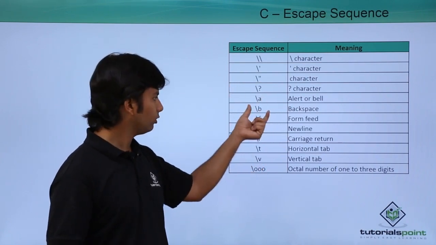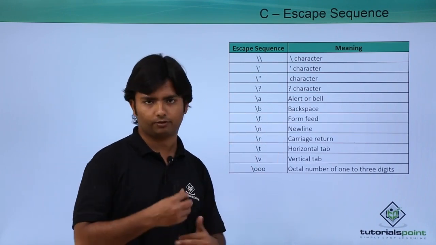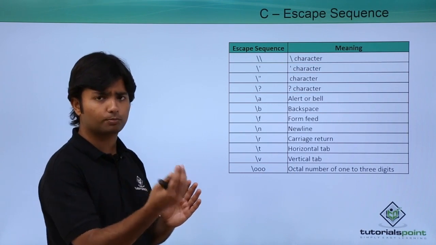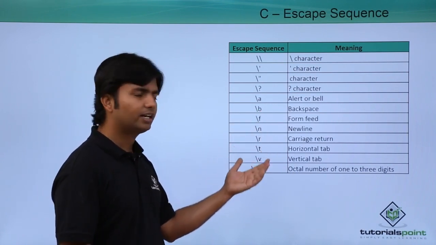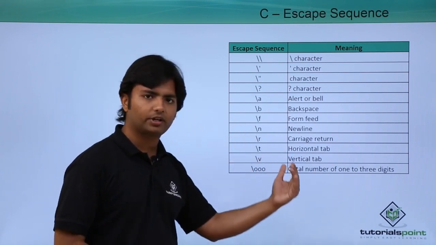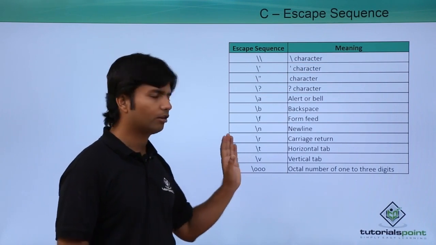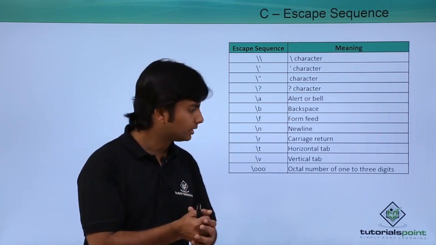Similarly, backslash b is backspace, backslash f is form feed, and backslash n is new line. If you want to break a line while printing anything, you can use backslash n; backslash r is carriage return, backslash t is tab space, and backslash v is a vertical tab, if you want to give a gap vertically.